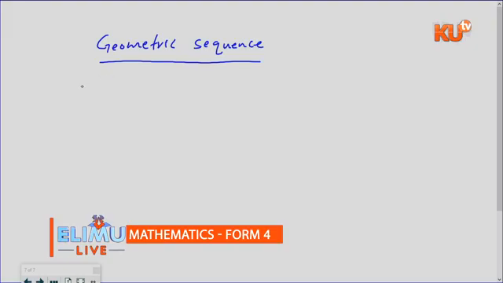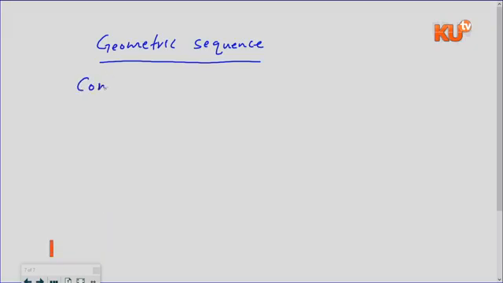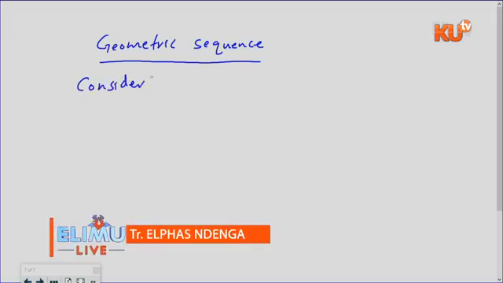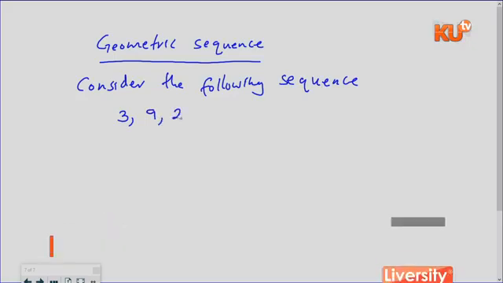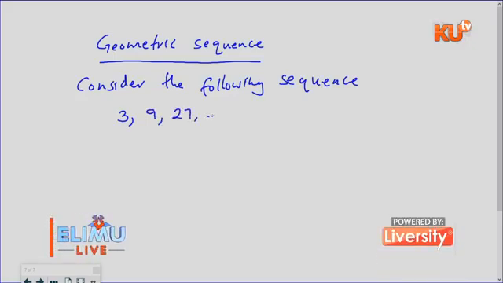Now, let's consider the following sequence. The sequence that we are considering has the terms 3, then we have 9, and then we have 27. Then it continues.